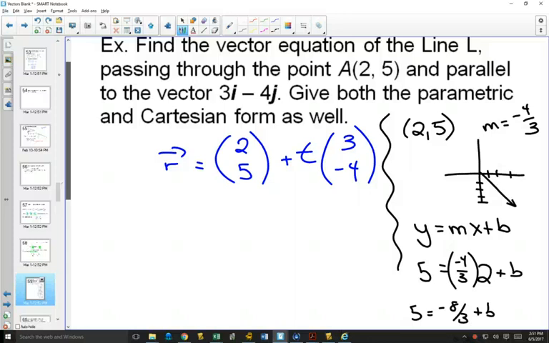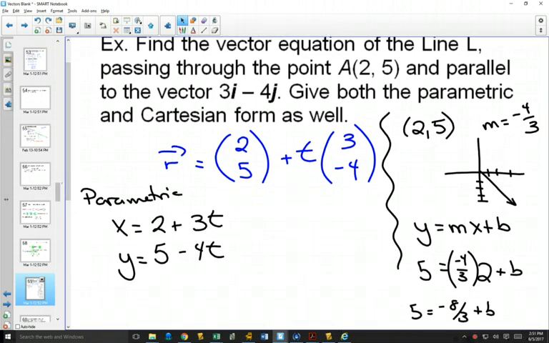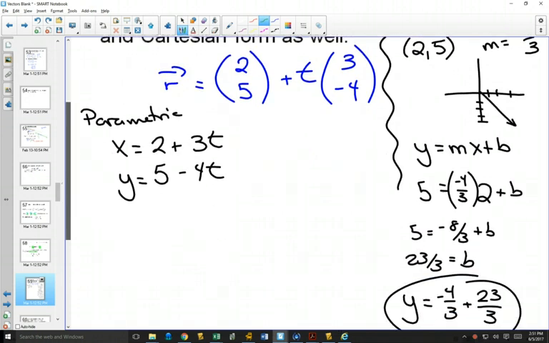Your parametric forms, if we just look at the x-coordinate, it would be 2 plus 3t, and your y-coordinate would be 5 minus 4t. Those would be the parametric forms of your equation.